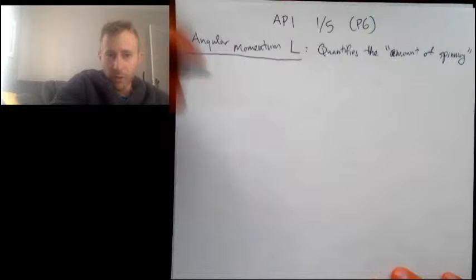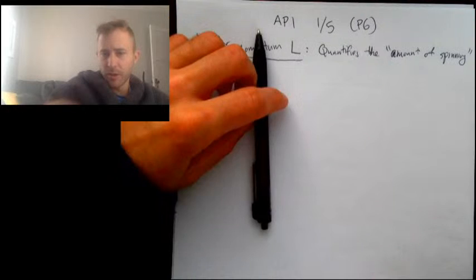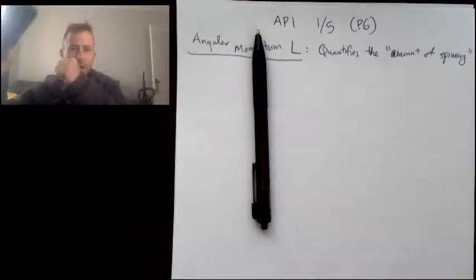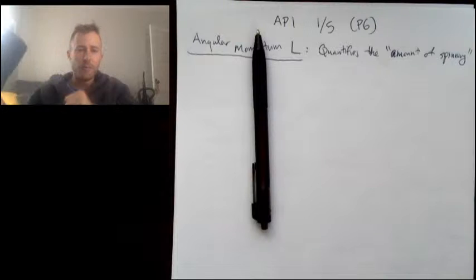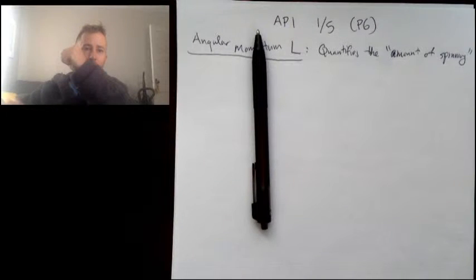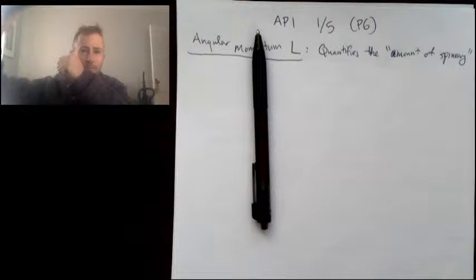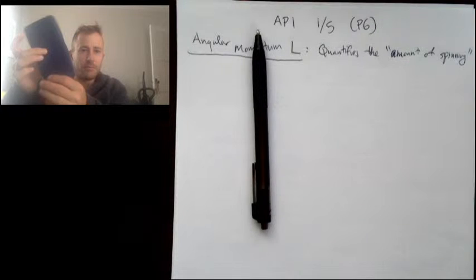And so there are kind of two types of angular momentum. If I think about this calculator going around in a circle, there's two ways that it can spin. It can spin like this, where as a whole, it's moving around a central point, or it can spin in place.